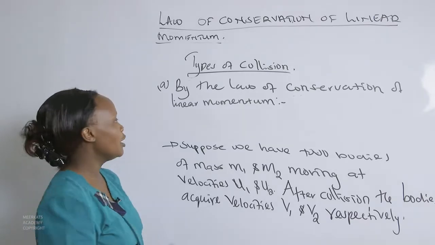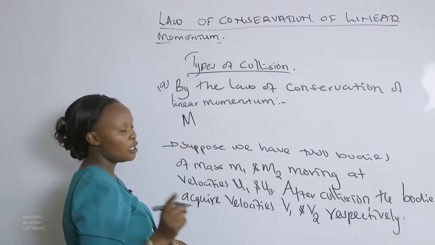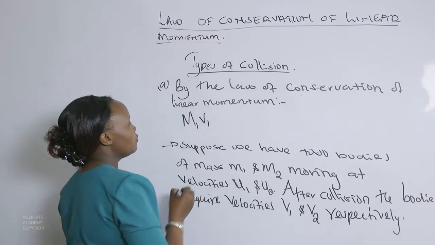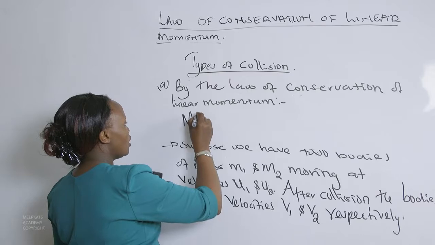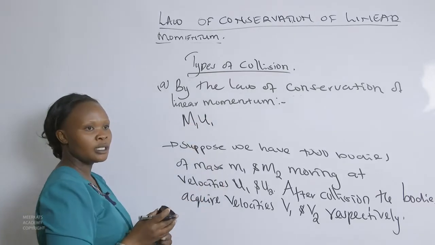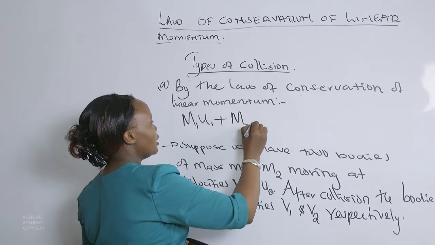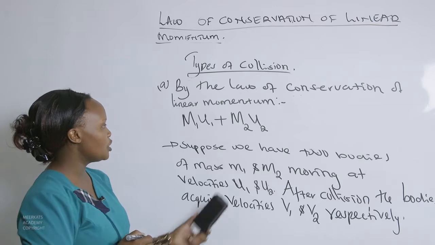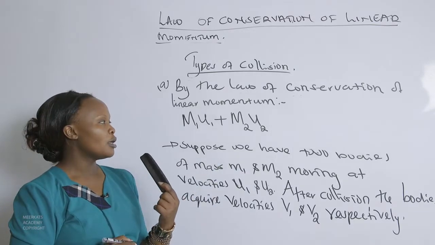Now, initially, body m1 acquired a momentum m1u1, and body 2 acquired m2u2, which is now the initial momentum of body 2.